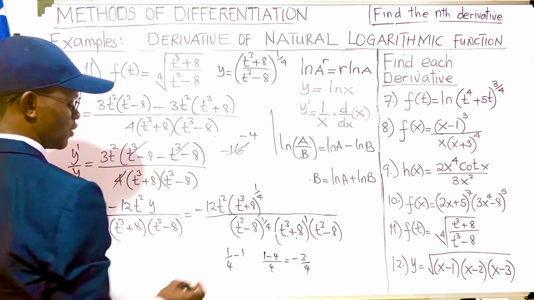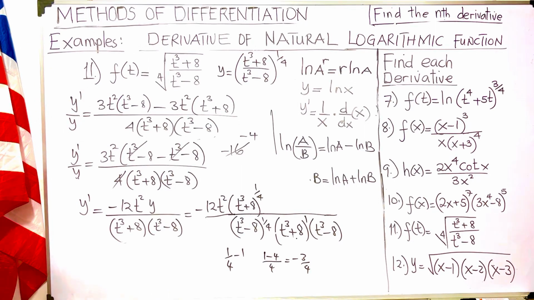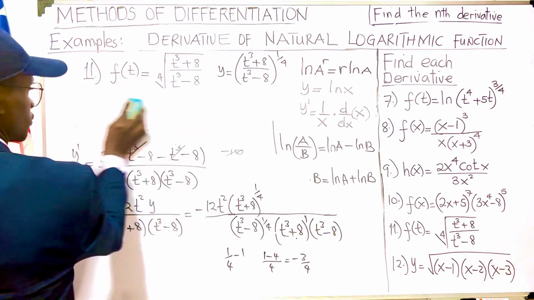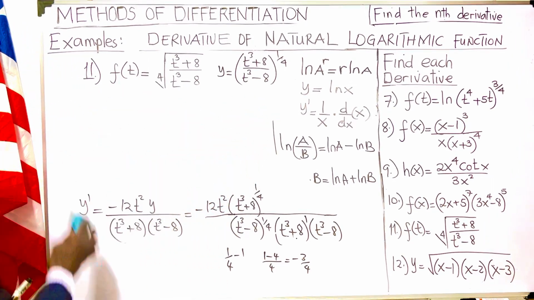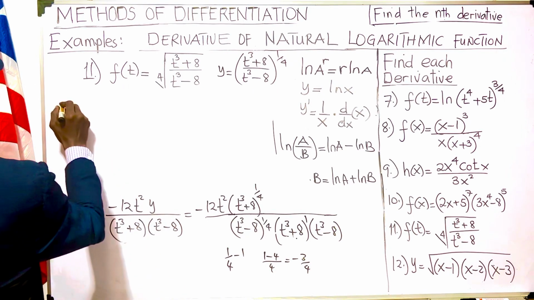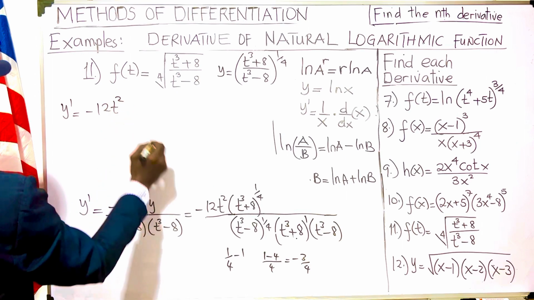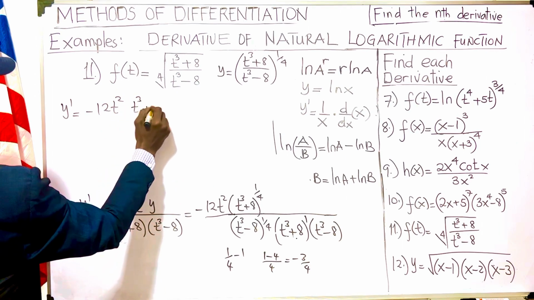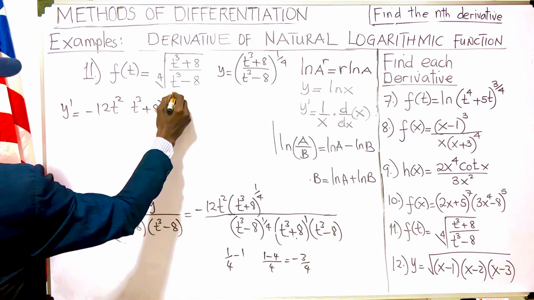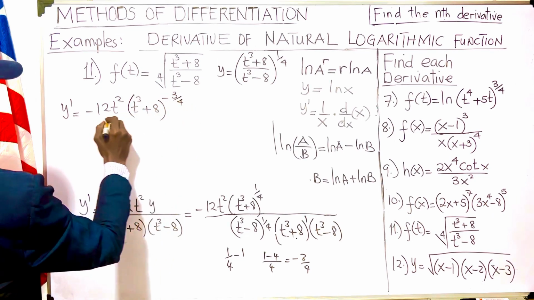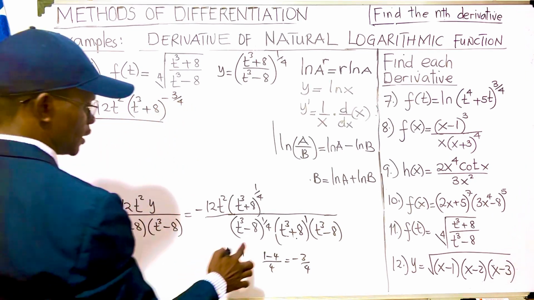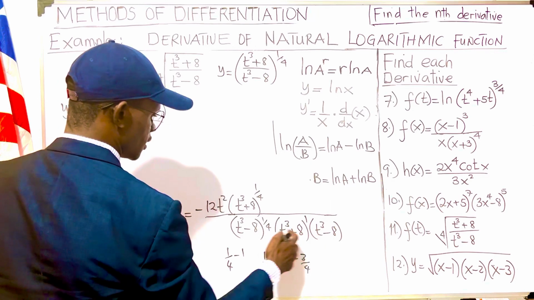So this and this will give us a negative power. So y prime is equal to minus 12t squared, t cubed plus 8 raised to the power minus 3 over 4. And then this and this.